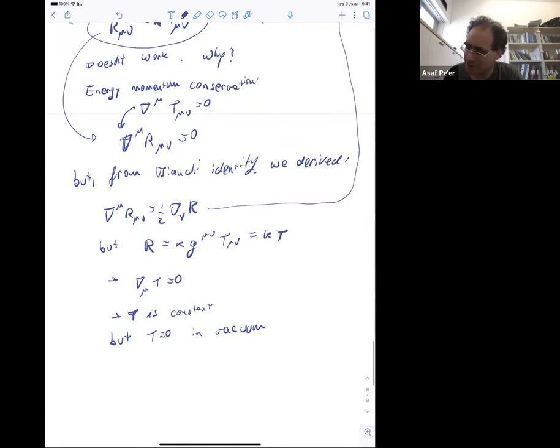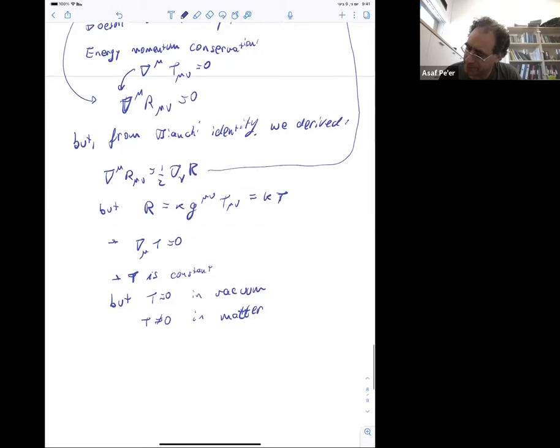But T is equal to 0 in vacuum, and T is not 0 in matter, like inside a star or something, because there is some density there. So this doesn't work. T cannot be constant.